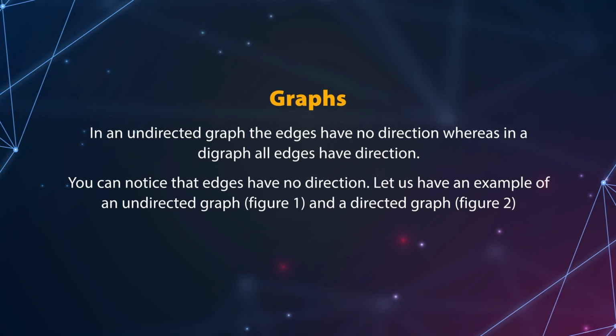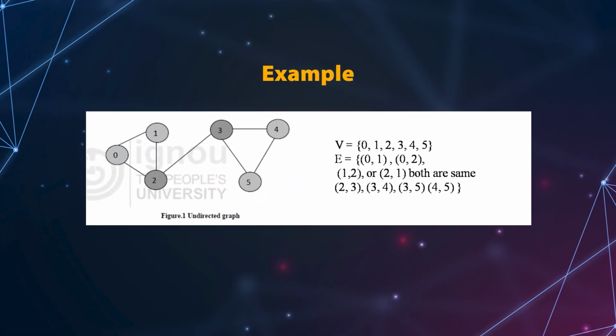I'll directly give you an example here, so it will be easier. The first example is an undirected graph. You can see there are vertices from 0 to 5, with edges between 0 and 1, 0 and 2, 1 and 2, 2 and 3, 3 and 4, 3 and 5, and 5 and 4. The vertex set will be 0, 1, 2, 3, 4, 5.